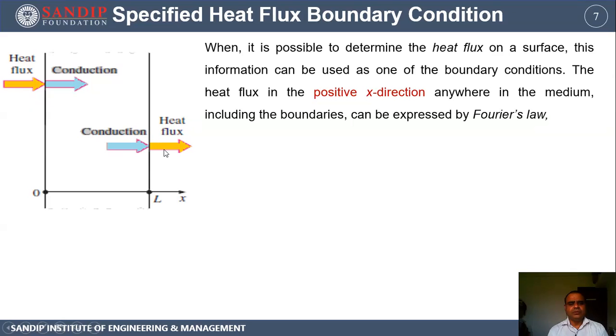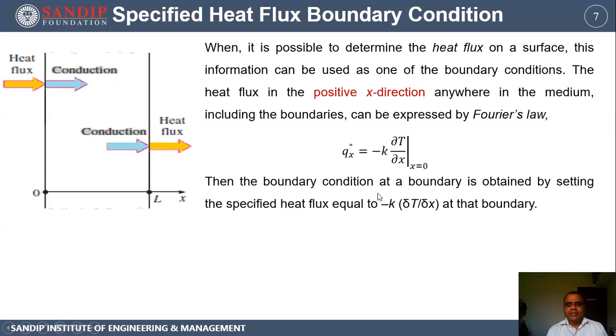Conduction heat flux is equal to the specified heat flux, and we can express it in terms of Fourier's conduction. So this known value can be equated with Fourier's law, that is minus k del T upon del x at x is equal to 0 or at x is equal to L, depending upon the value available to us.